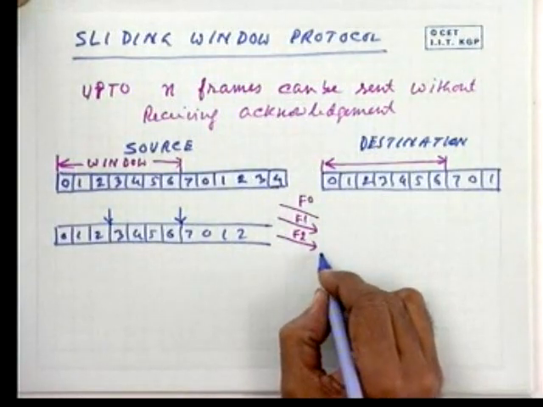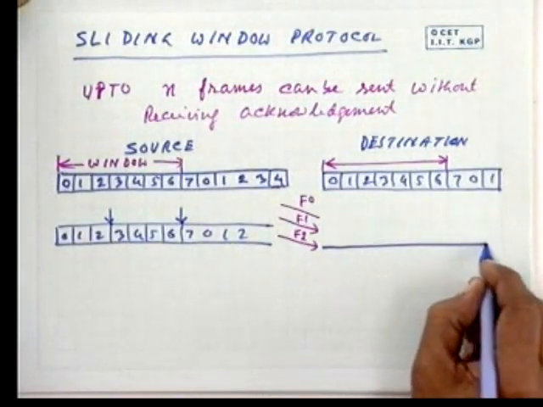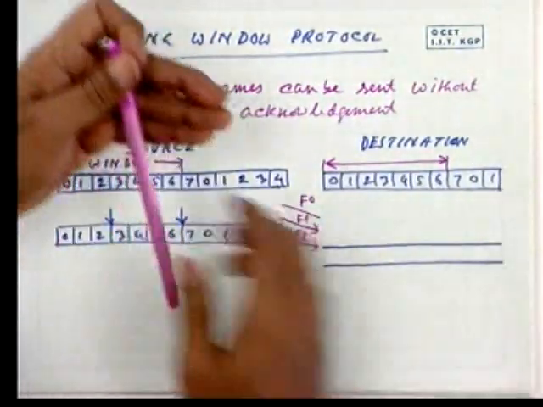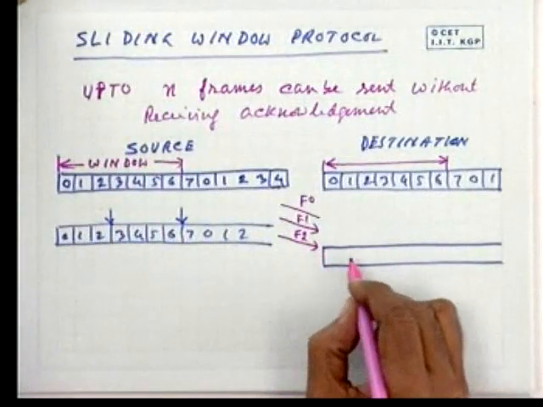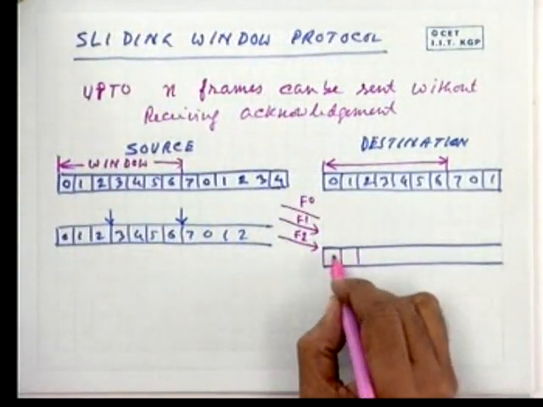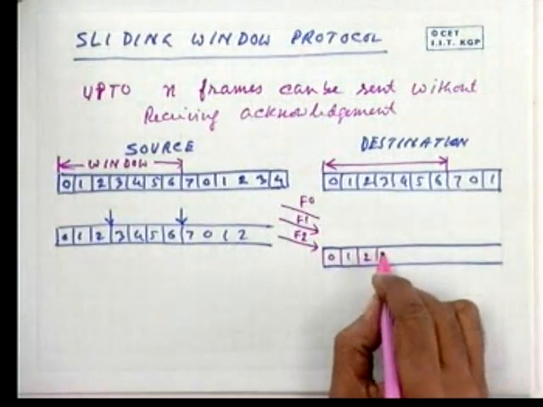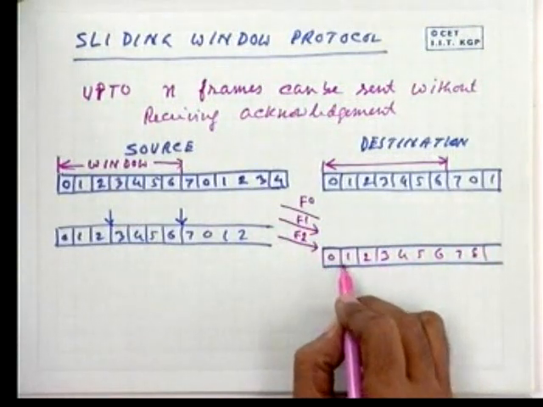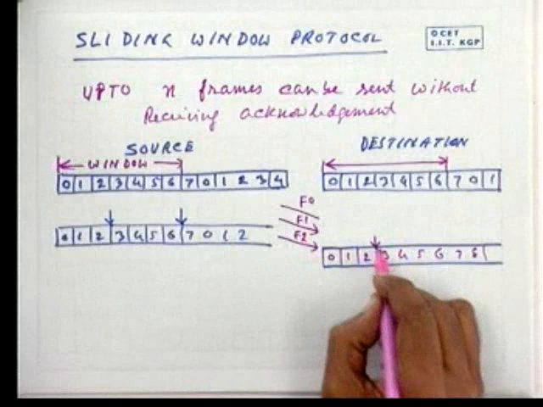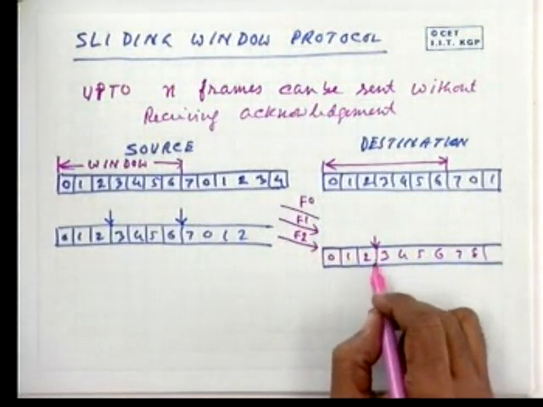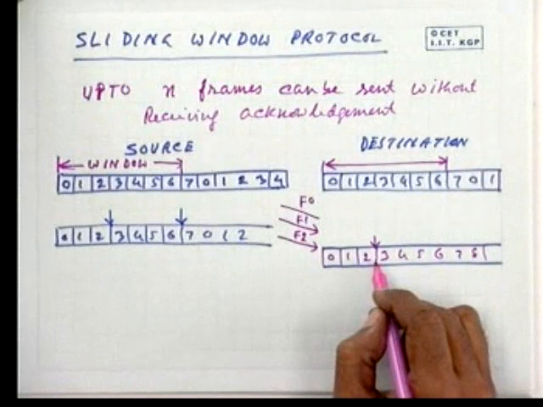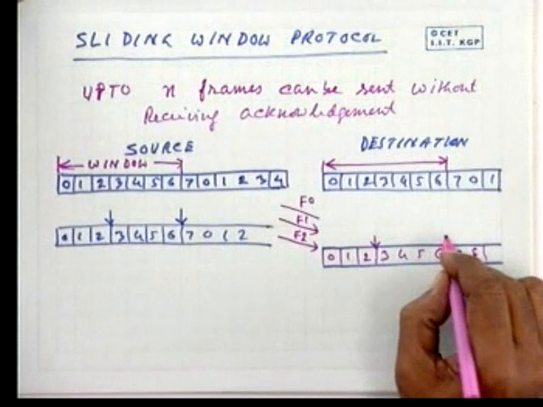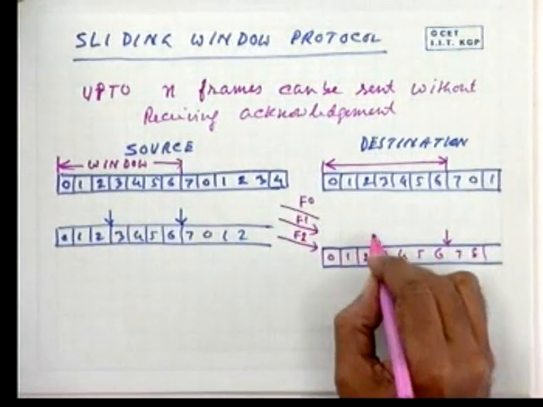In the receiver, it will receive the frames. So far it has received up to 2, and once it is received, the window size is also shrunk, is reduced.